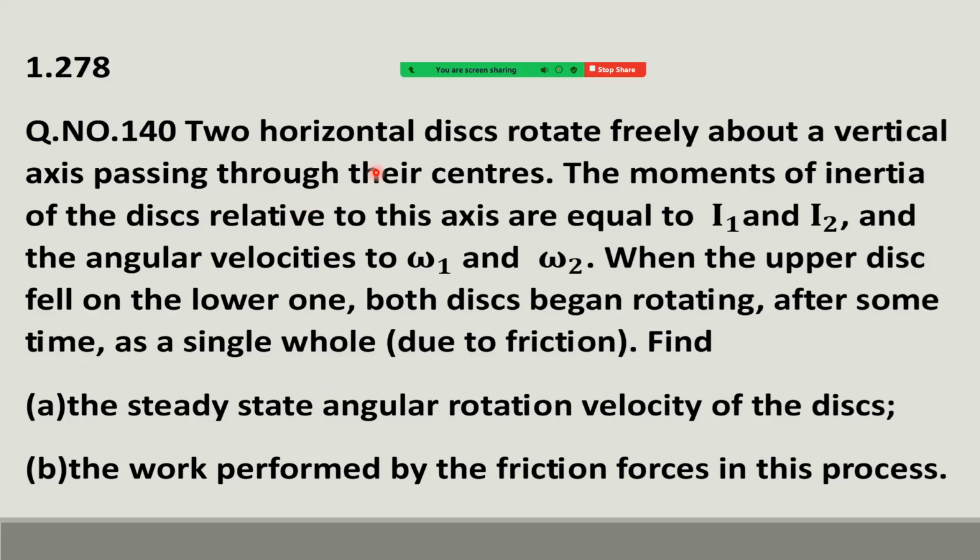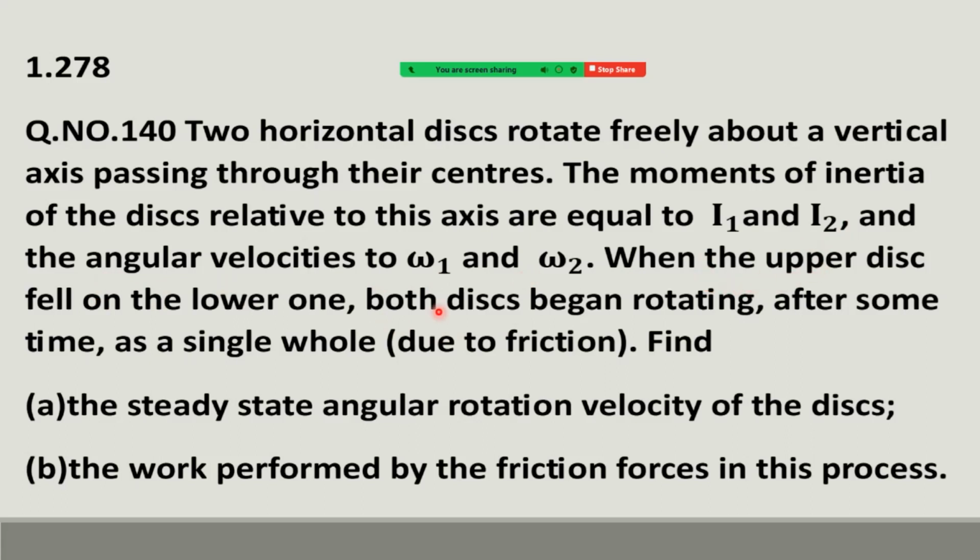Two horizontal disks rotate freely about a vertical axis passing through their centers. The moments of inertia of the disks relative to this axis are equal to I1 and I2, and the angular velocities omega 1 and omega 2.